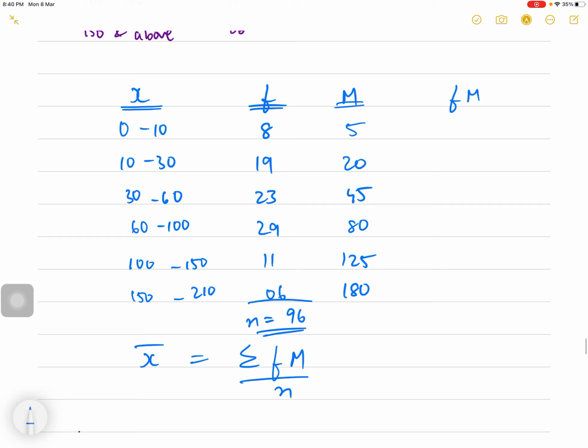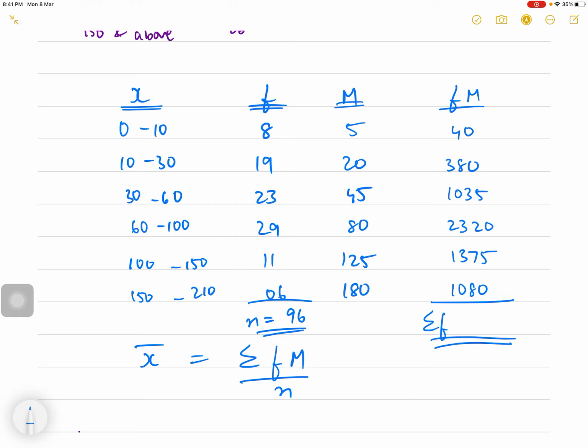Next column is fm, f into m. So 8 into 5, 19 into 20, 23 into 45, 1035, 29 into 80, 2320, 11 into 125, 1375, 180 into 6, 1080.